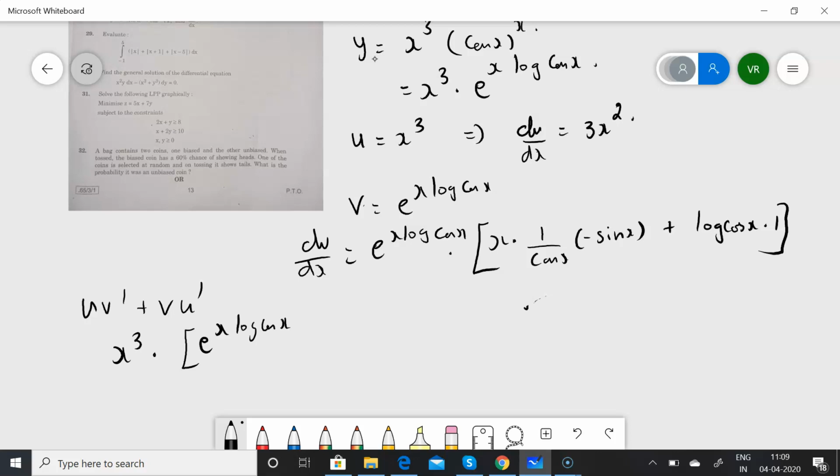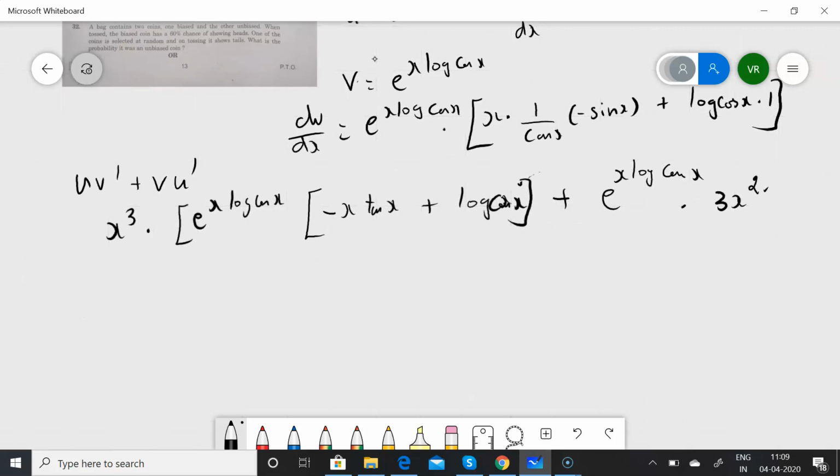I can write sin x by cos x as minus x tan x plus log of cos x plus v u dash. Now it's going to be v u dash. V is e to the power of x log of cos x into 3x squared.